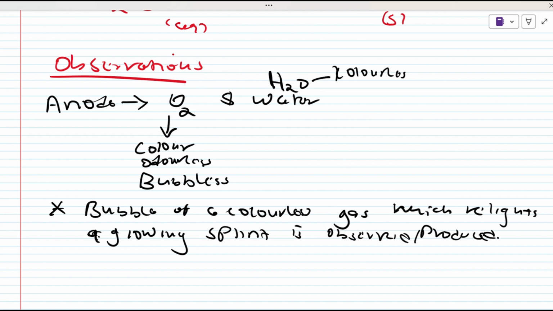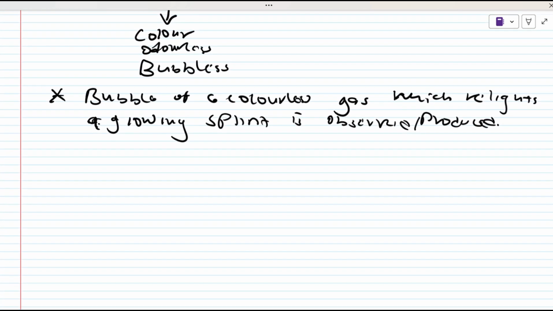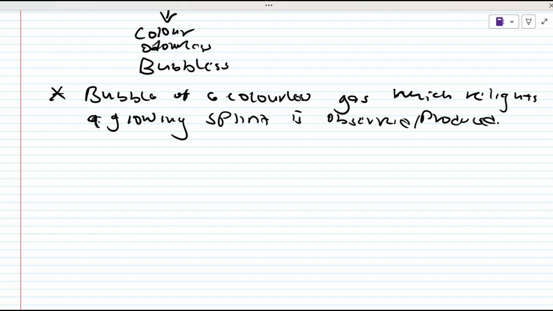That's the test for oxygen gas. Bubbles of a colorless gas which relights or rekindles a glowing splint is observed at the anode.